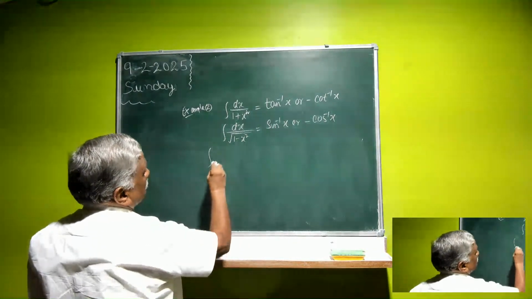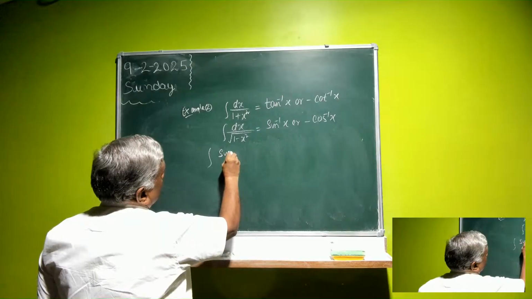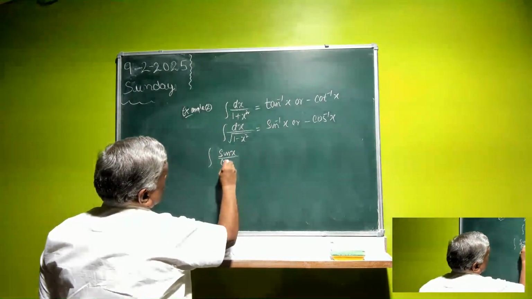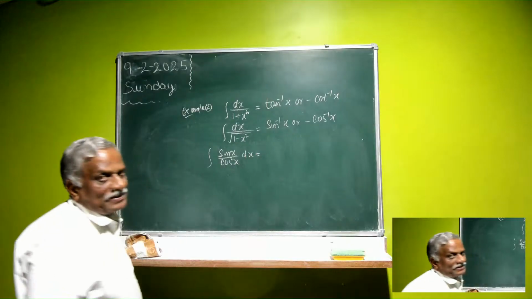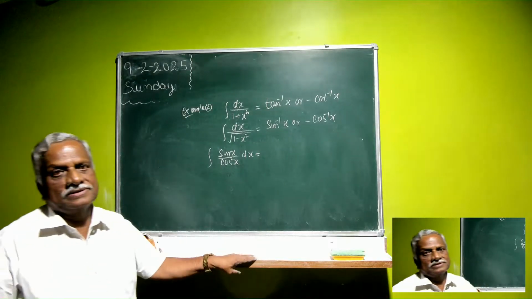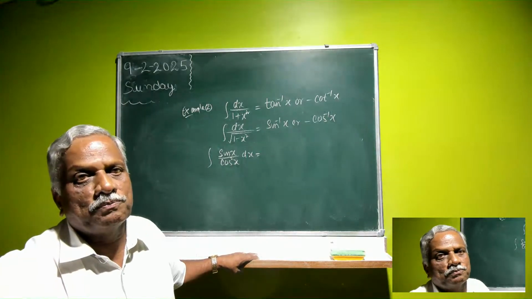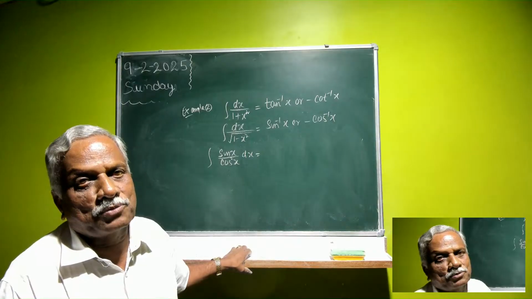Supposing we have sin x over cos square x. I've taken some examples to show how the chapter progresses.